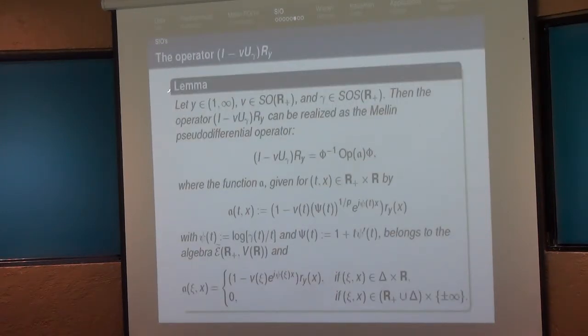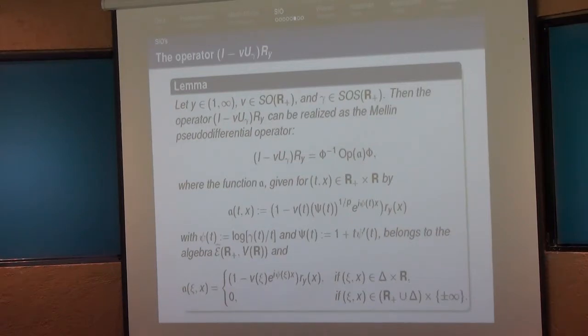Now, if y belongs to this interval, V is a slow oscillating function, and gamma is a slow oscillating shift, then this product of a Cauchy singular operator with fixed singularity and a functional operator can be realized as a Mellin pseudo-differential operator with such a symbol. And this symbol belongs to this algebra, and moreover, this symbol vanishes for all points t on R plus.